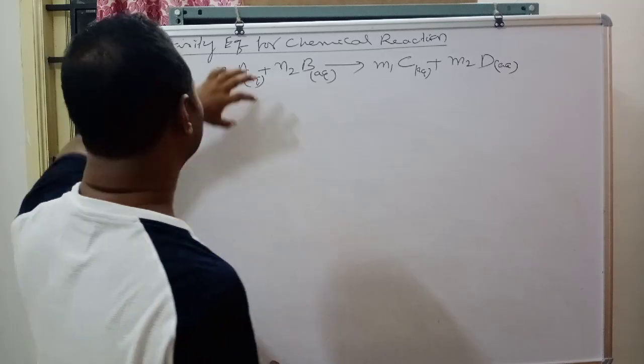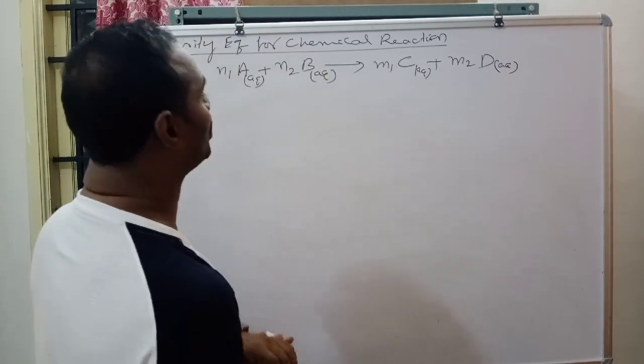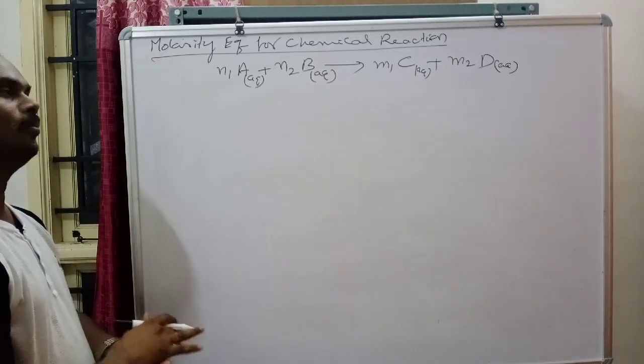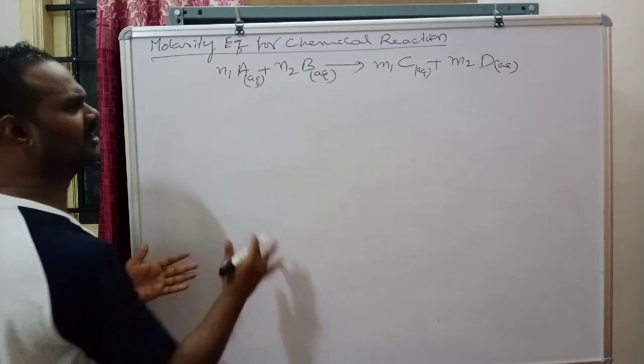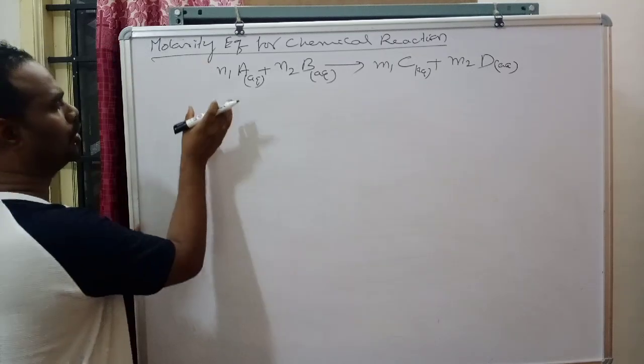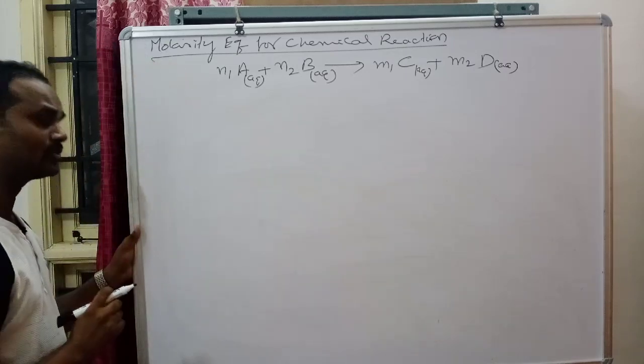Suppose a particular quantity of A can react with how much quantity of B. To calculate this molarity relation, we don't need to think about the product quantity. We see how much A can react with how much definite quantity of B.